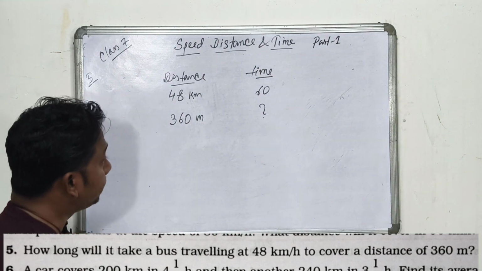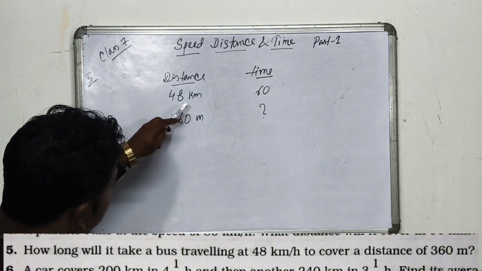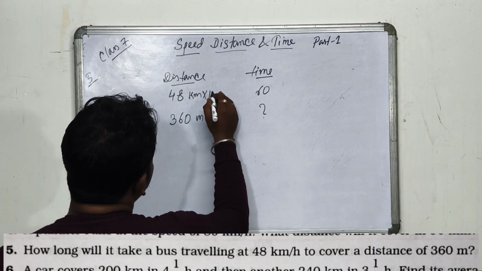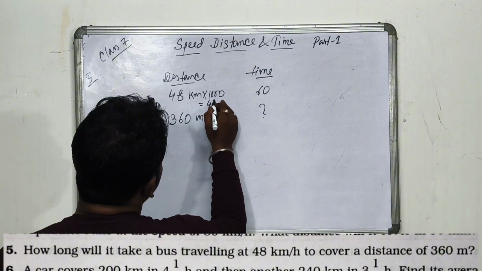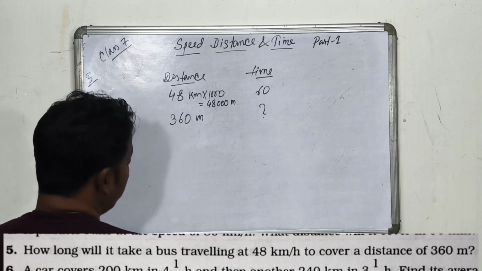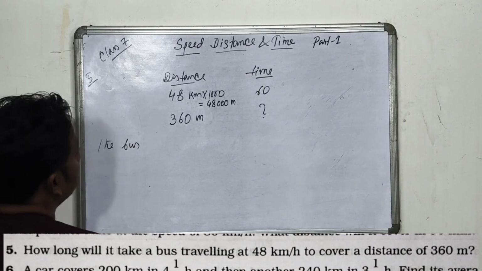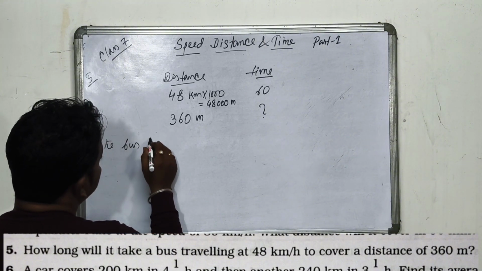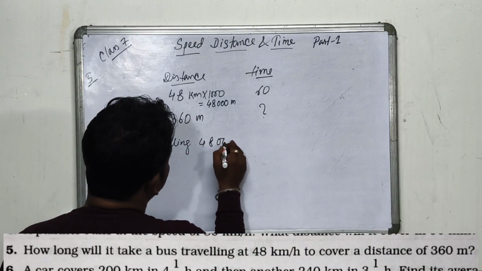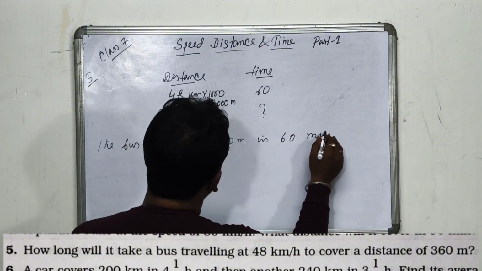Okay, so in that case the unit is mismatched. So convert either this meter to kilometer or this kilometer to meter. It will be easy if you convert here, you multiply it by 1000, that should be 48,000 meter. So in that case the bus is traveling 48,000 meter in 60 minutes.